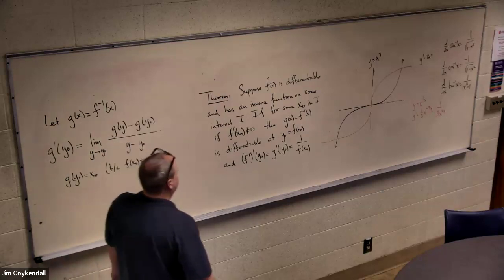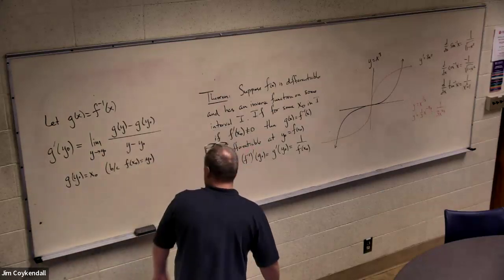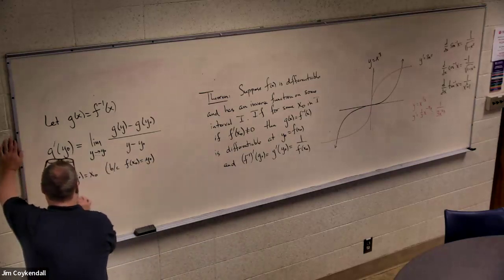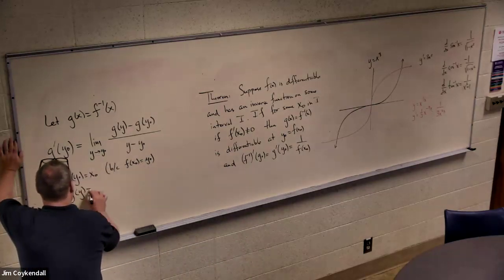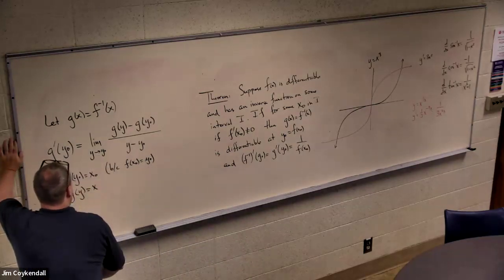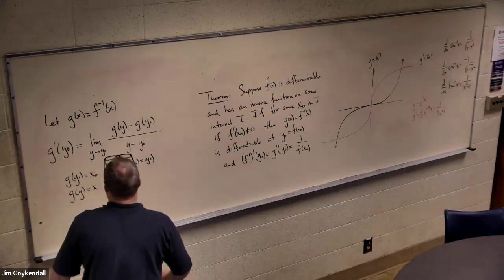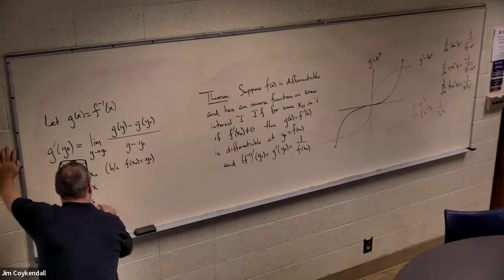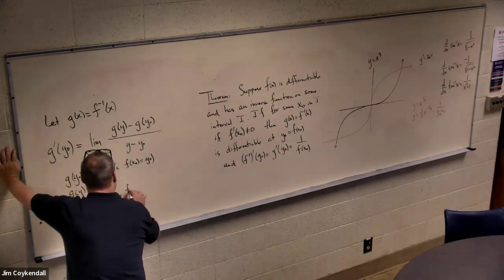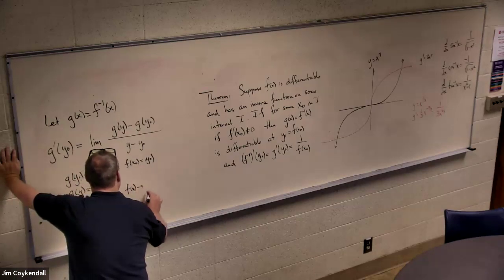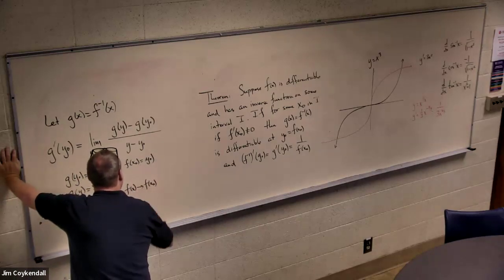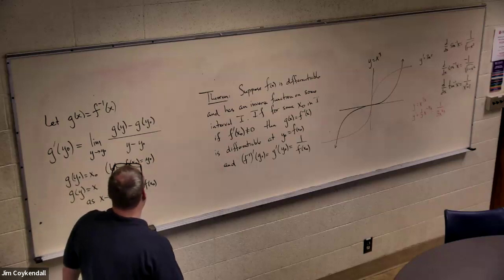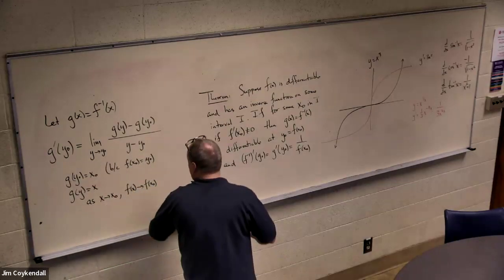We define it this way. And of course, g of y is x, call it x. And as x goes to x0, f of x goes to f of x0, because in fact, f is differentiable, and so it's continuous as well.